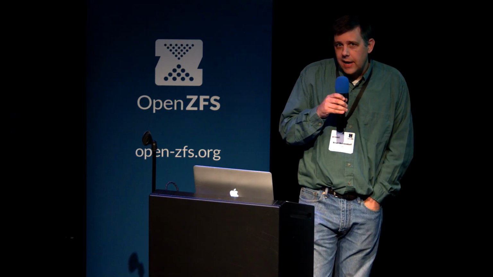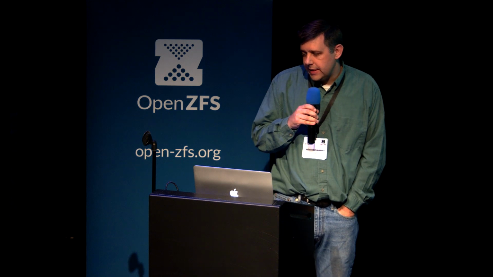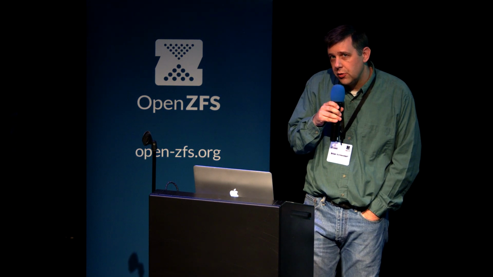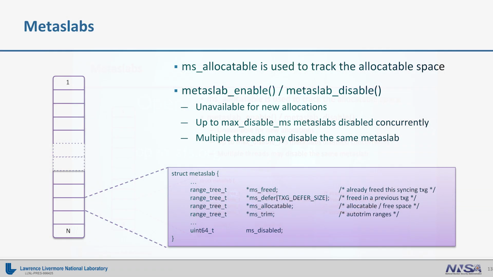So that was a lot of high-level stuff, but let's go dig down into the internals here a little bit. And I'm going to talk a little about each of those pieces that I mentioned. So metaslabs. Again, we know a lot about metaslabs now, which is great, so I don't need to go over much of that background. But what we're interested in the metaslabs here is one range tree in particular for manual trims.